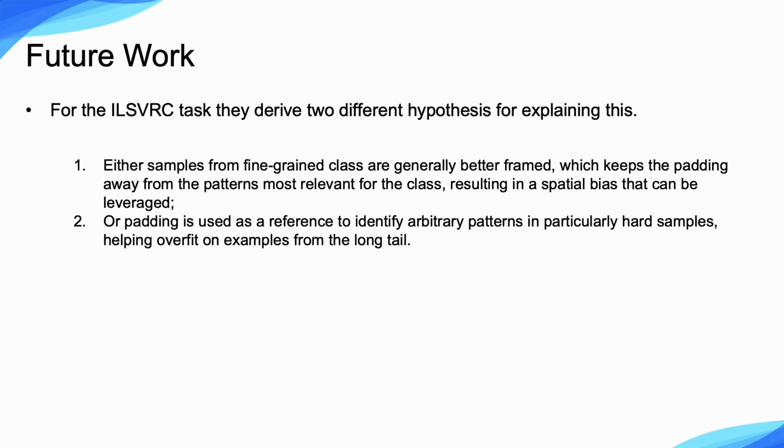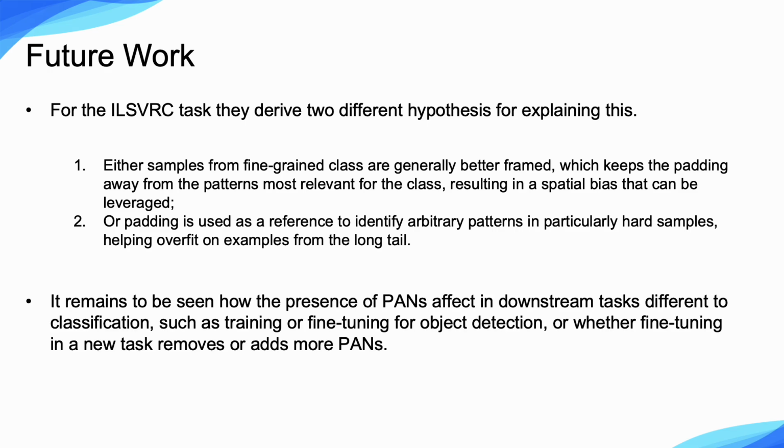And second, padding is used as a reference to identify arbitrary patterns in particularly hard samples, helping overfit on samples from long tails. It remains to be seen how the presence of PANs affects downstream tasks different from classification, such as training or fine-tuning for object detection, or whether fine-tuning on a new task removes or adds more PANs.